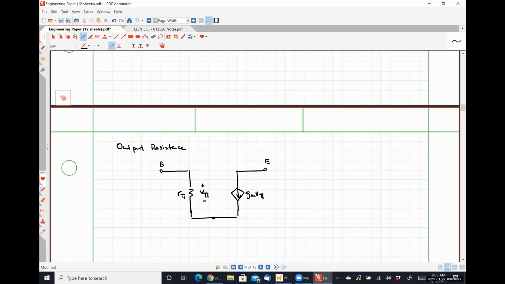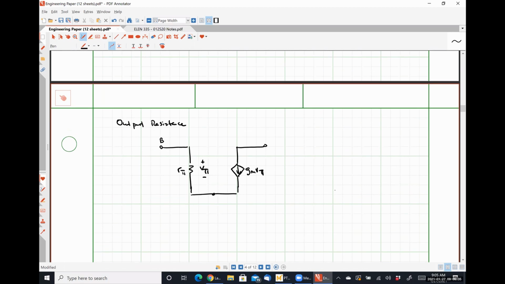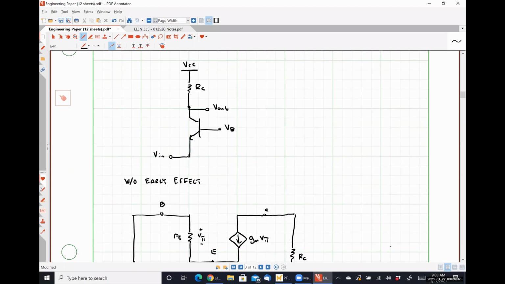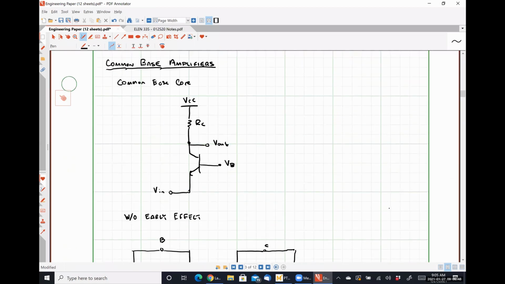All right, so sorry, that should be a C, not an E. So we're short circuiting our input voltage, right? Because we're finding the output resistance, which means that both the emitter and the base should be connected to ground in our small signal model.